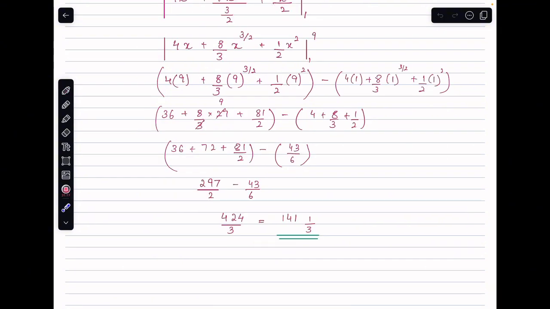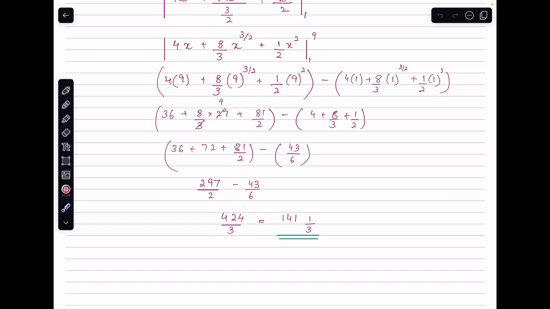So now substituting the upper limit as 9 in place of x, this function becomes 4 times 9 plus 8 by 3, 9 to the power 3 by 2 plus 1 by 2, 9 the whole square. These are all the upper limits substituted here, and then minus all the values of x with the lower limit, which is 1 in this case. So this is 4 times 1 plus 8 by 3, 1 to the power 3 by 2 remains 1, and then plus 1 by 2, 1 the whole square.